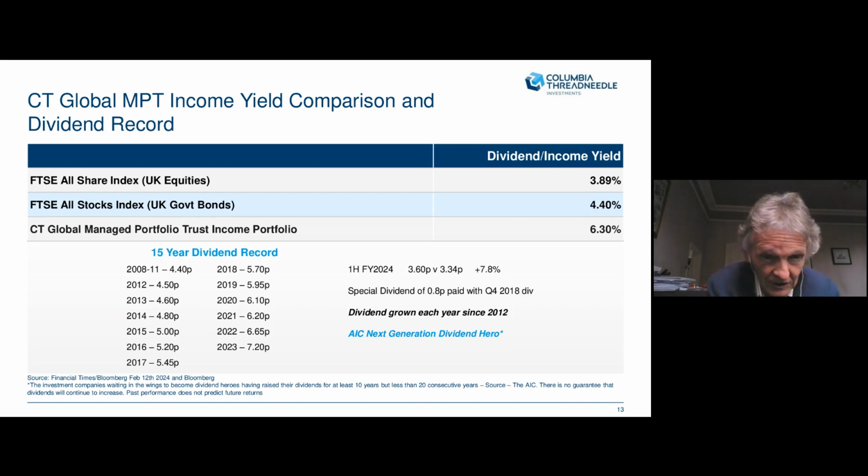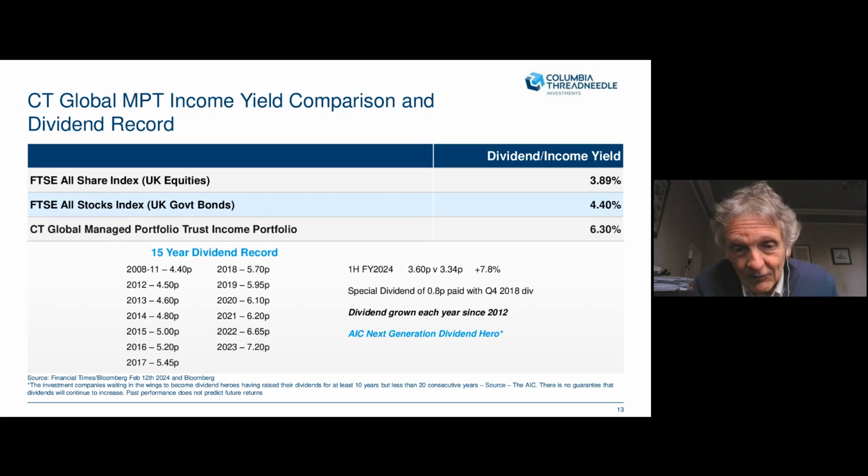And you can see there, if you scan your eye down the dividend record over the long term, also what we've paid out in the first half of the year. And I should say our financial year end is the 31st of May. So you'll be hearing about a third quarter dividend next month. But so far in the first half of the year, we've managed to increase the dividend by nearly 8%.